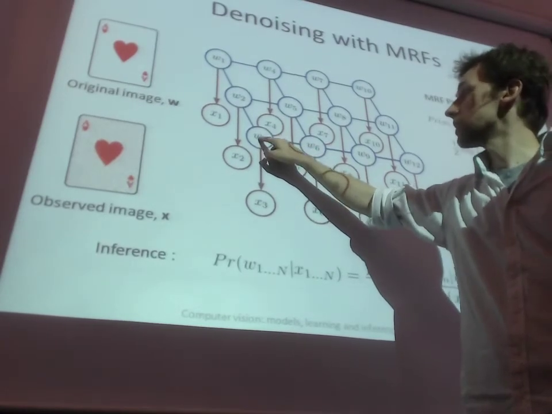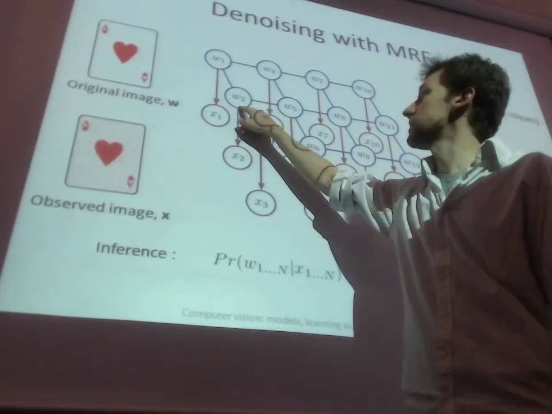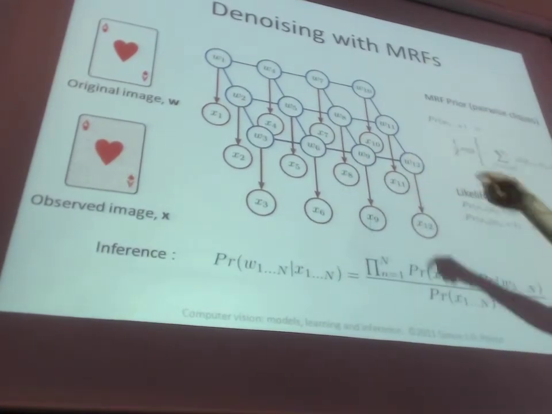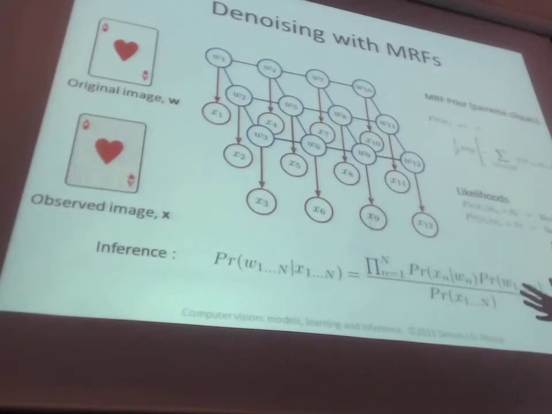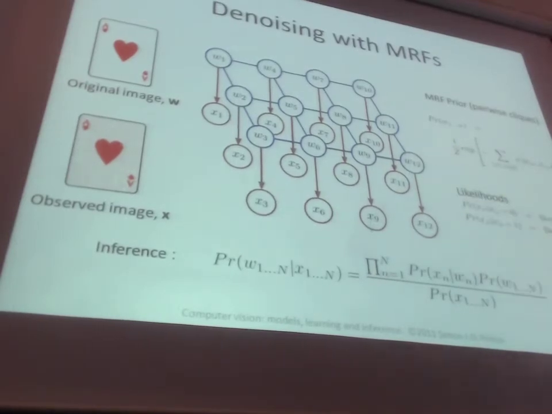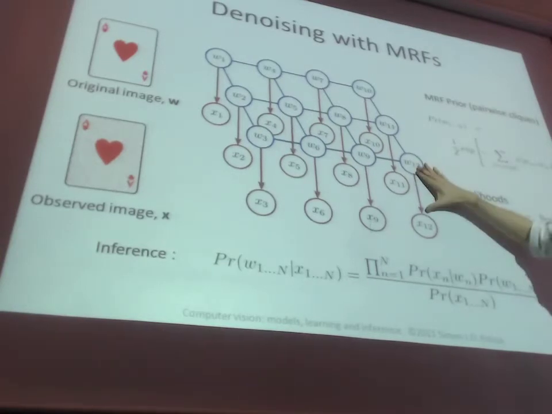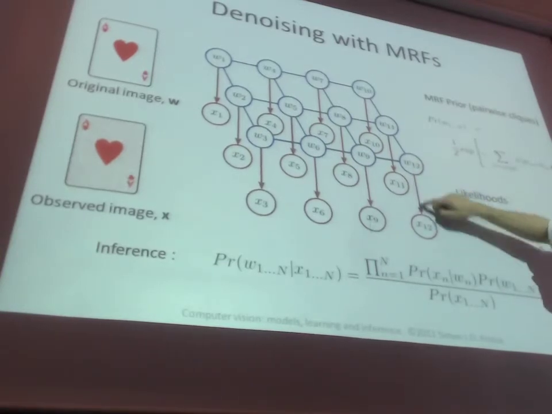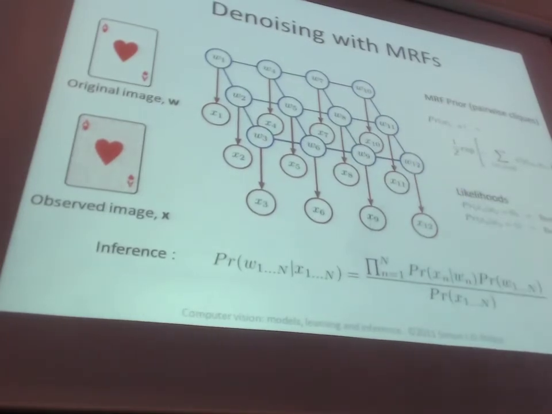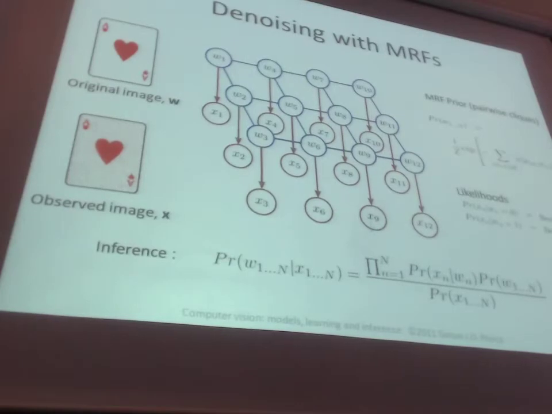There's also a set of undirected edges connecting each world state to its first order neighbors. So what we have here is a mixed graph with undirected and directed edges. That's not so uncommon, and here we find it convenient because we have this Bernoulli process for the noise, and we have this Markov random field prior on what we expect from our world states.